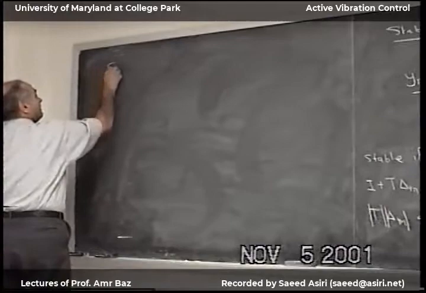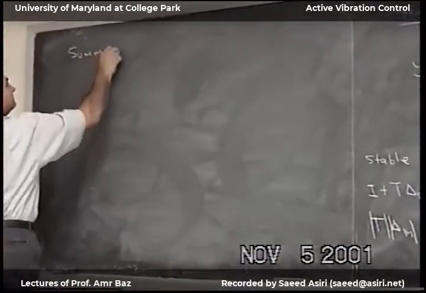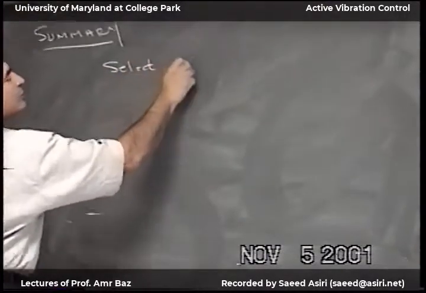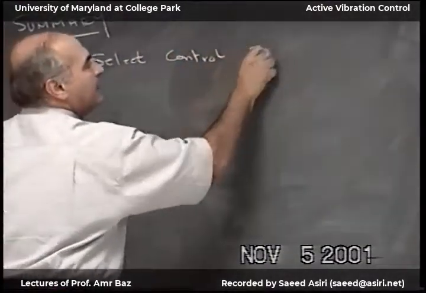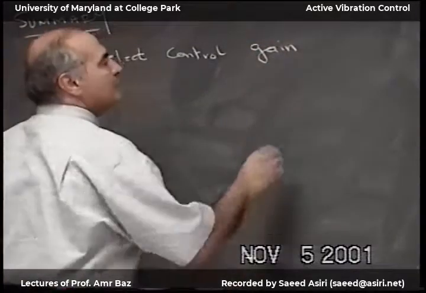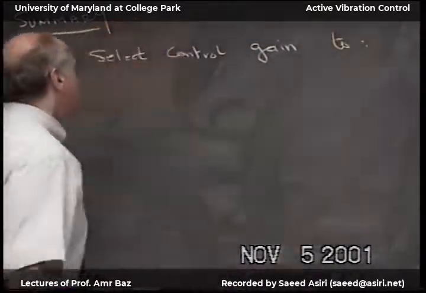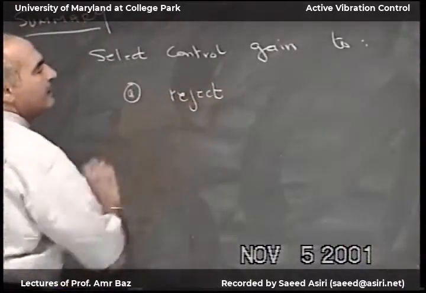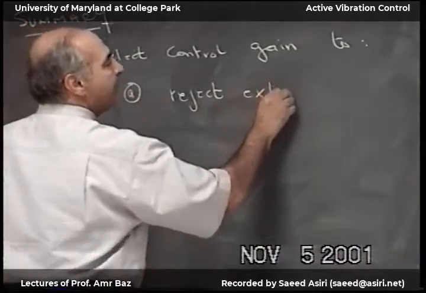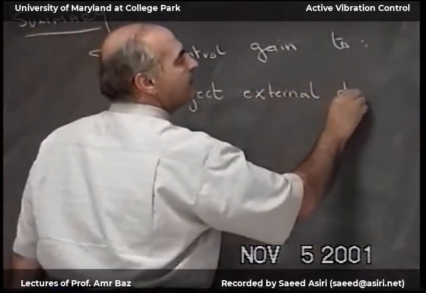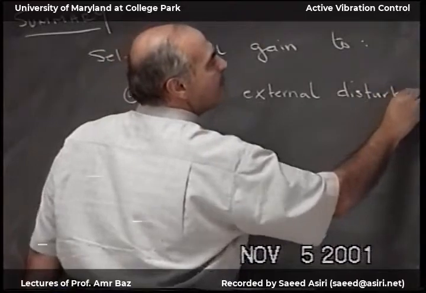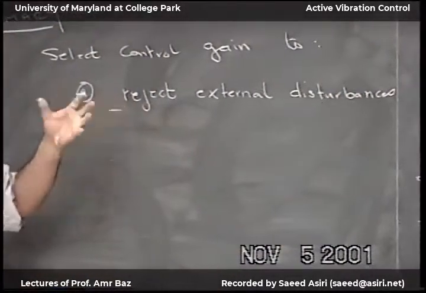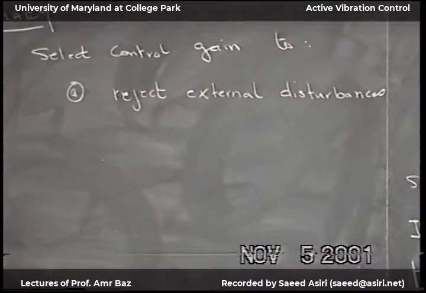So again, the summary of all this, we'd like to select the control gain to, number A, reject external disturbances. And the profile of these external disturbances, I can define them with some weighting function.